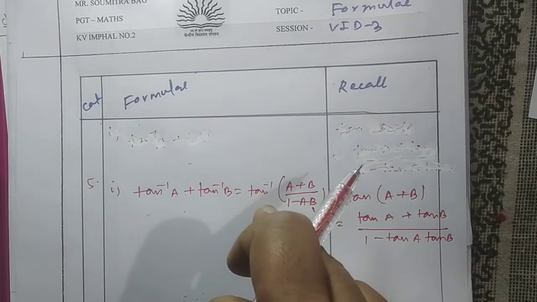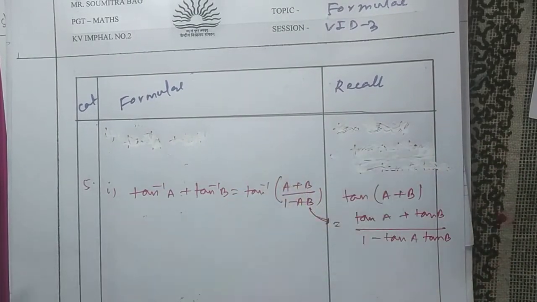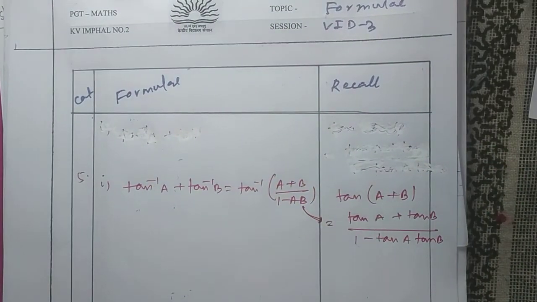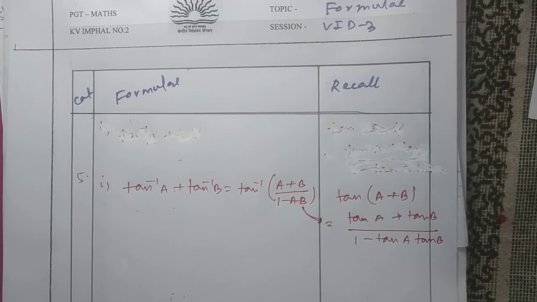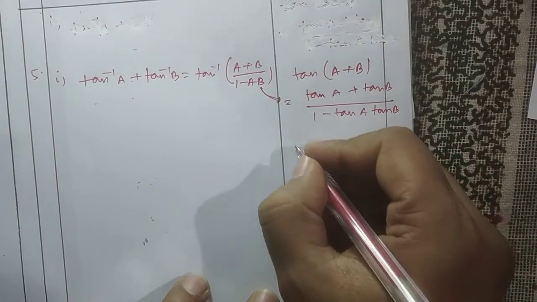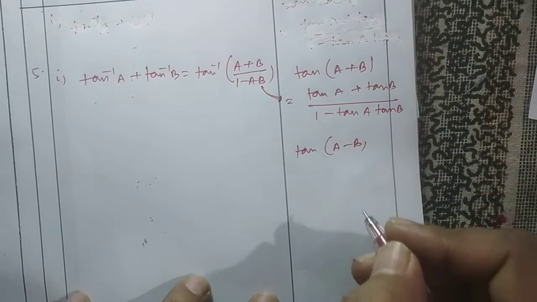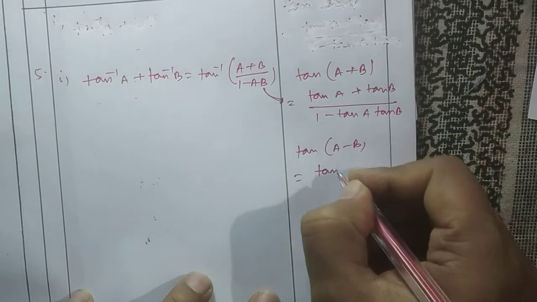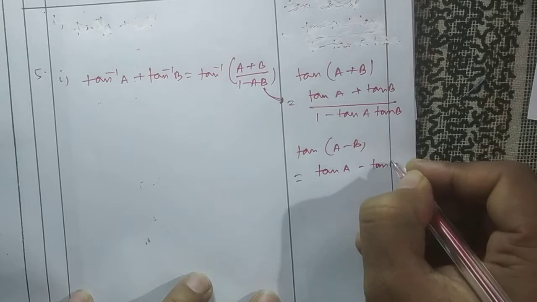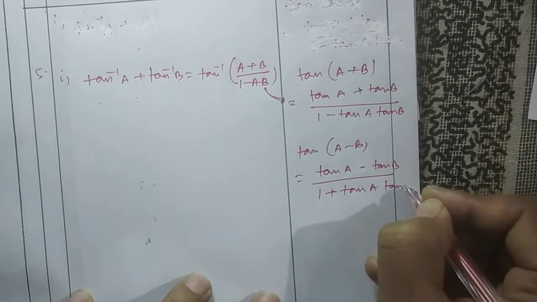Actually this formula can be proved. This formula can be proved from here. Okay, but here the proof is not important. It is sufficient to remember the formula. Similarly, in class 11 we have the tan of a minus b formula, and it was tan a minus tan b by 1 plus tan a tan b.